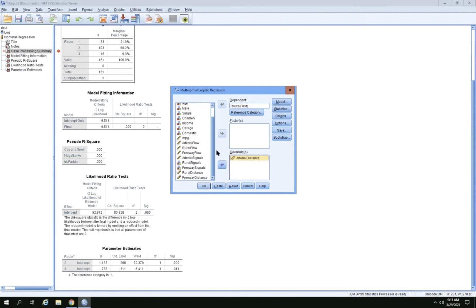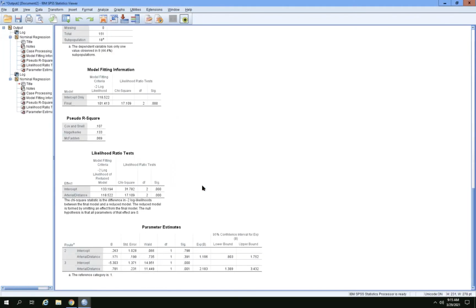But so all I'm doing right here, I'm including this arterial distance model in each of those 2 utility functions for routes 2 and 3 essentially here, okay? And so I'm going to hit OK. Okay, and so now we see the output results right here, okay? You'll notice there are marked differences in the intercept terms here. We also see some impacts of the arterial distance. And now to refresh everybody's memory, the arterial was route 1, the rural road was route 2, and the freeway was route 3.